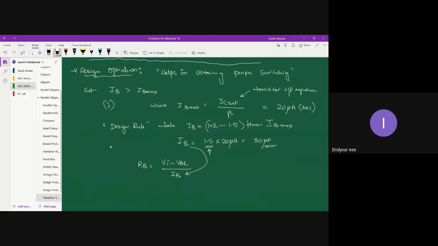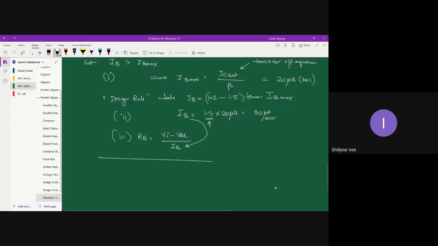First step, find IB max. Second step, set IB by multiplying IB max with 1.2 to 1.5, which is the multiplication factor. And in the third step you can design the base resistor. This is what we use for our design problems.